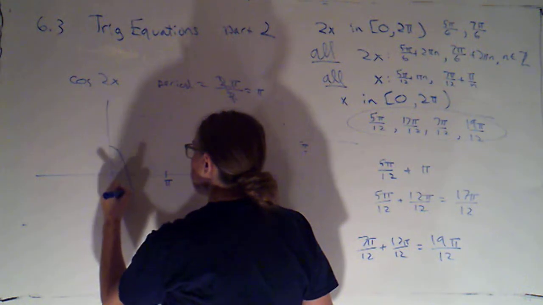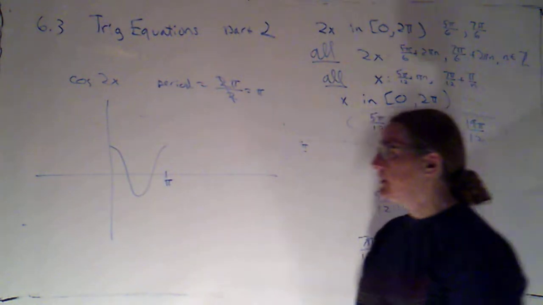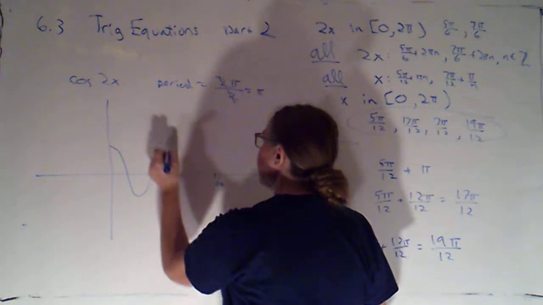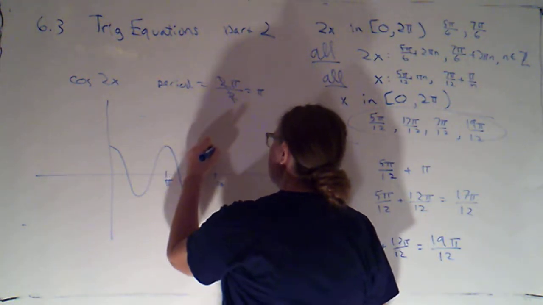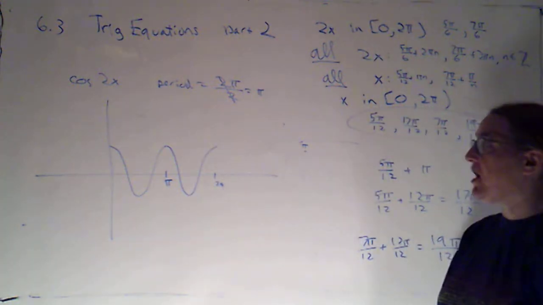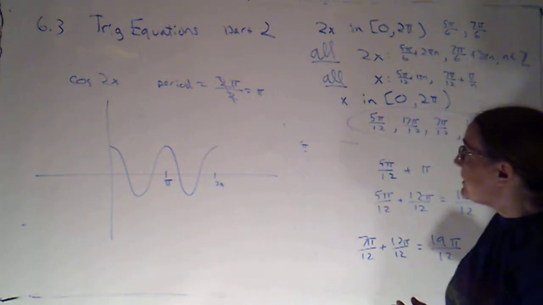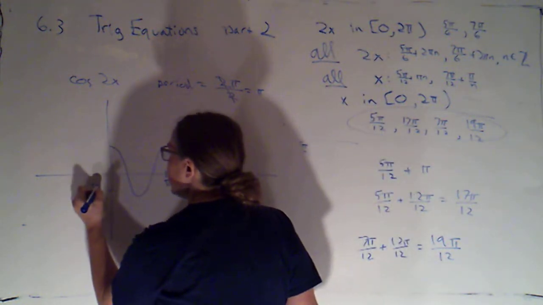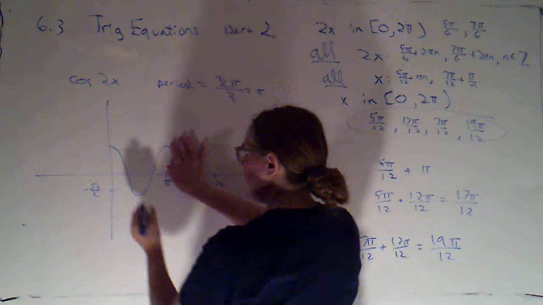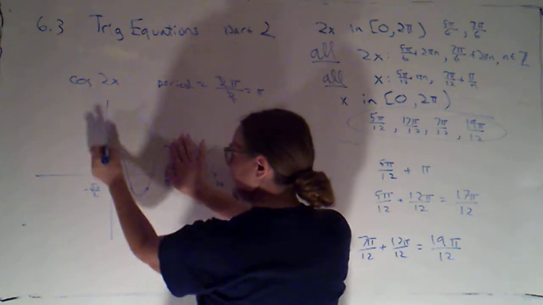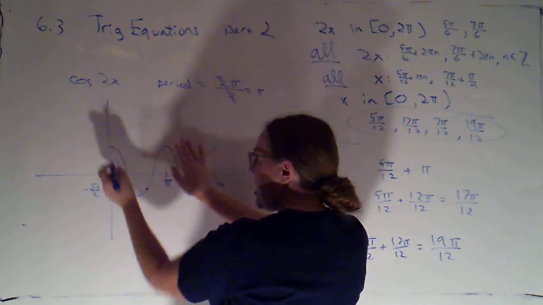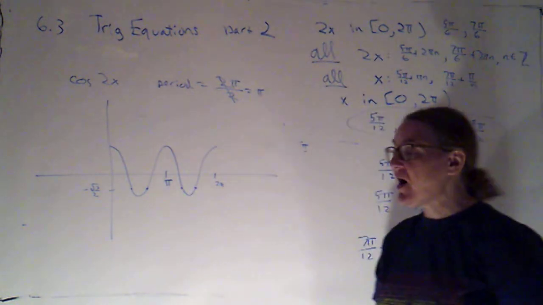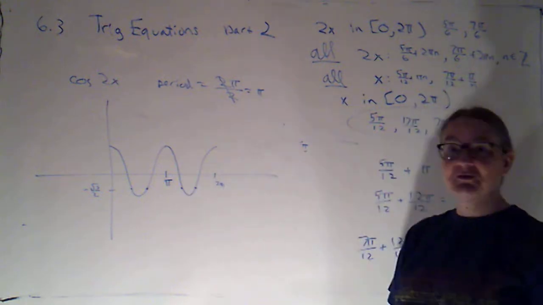So this goes through one complete cycle between 0 and pi, which means it goes through a second cycle between pi and 2 pi. If we were looking for all of the places where cosine was negative root 3 over 2, we're used to there being 2 solutions in one period. But now we get a second period in the interval from 0 to 2 pi, so that's another 2 solutions.